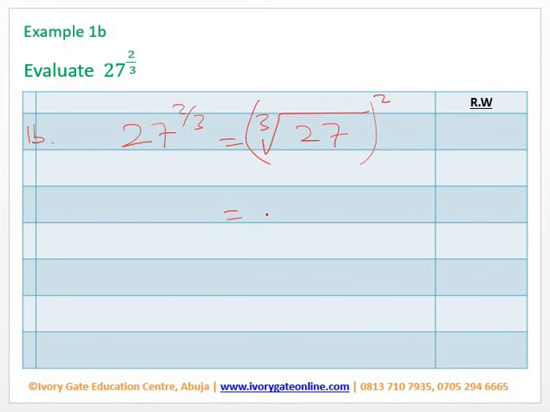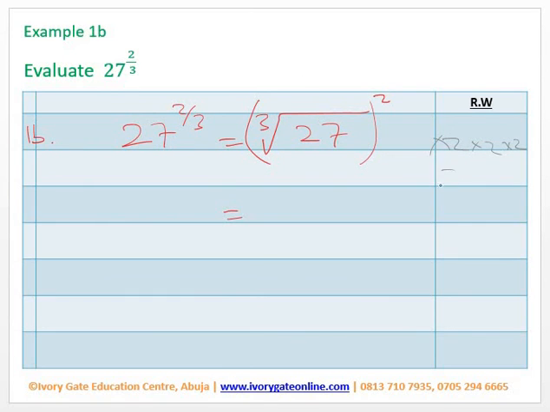And this gives us, cube root of 27 is what? What multiplies itself 3 times to give us 27? Is it 2? 2 times 2 is 4. 2 times 2 times 2. Will it give us 27? No.